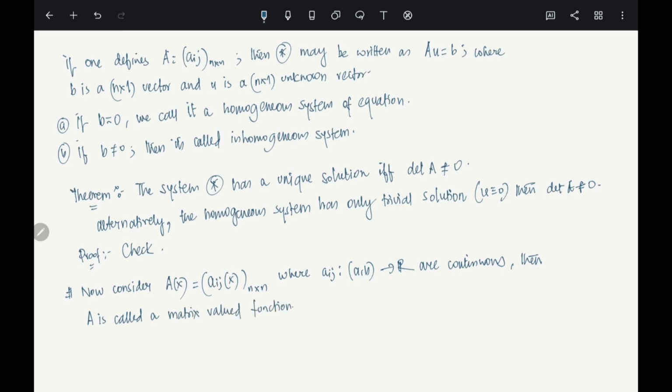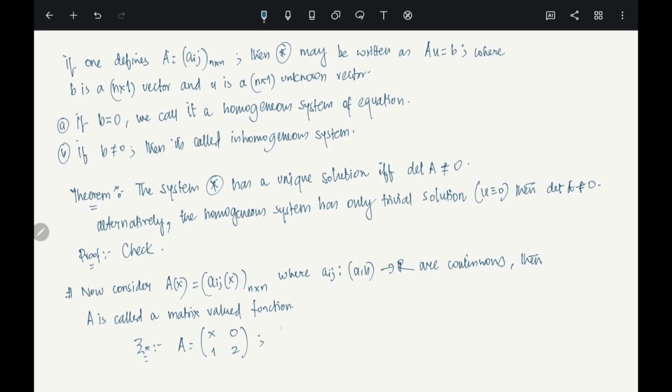A very simple example you can think of: let's say A is defined to be the matrix with rows (x, 0) and (1, 2). So you see this is not a constant matrix, because there is a variable x.